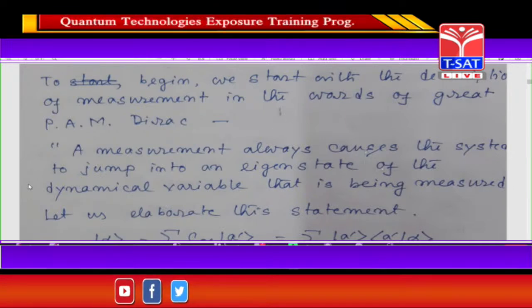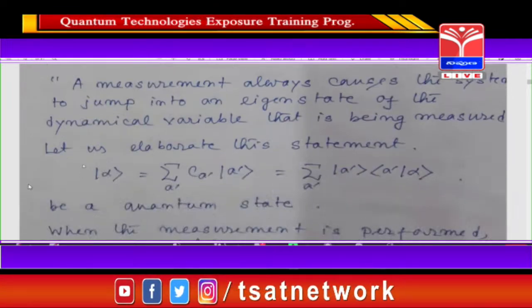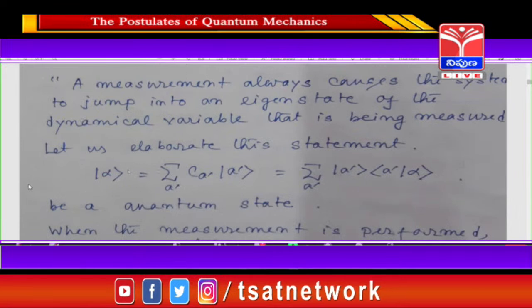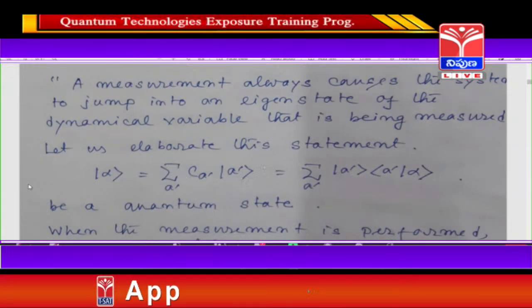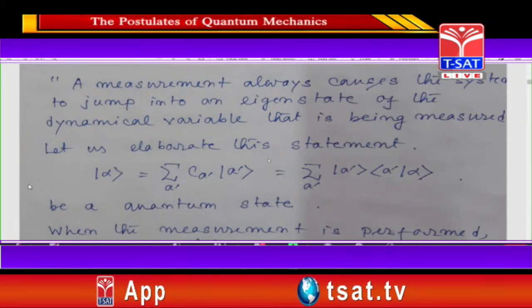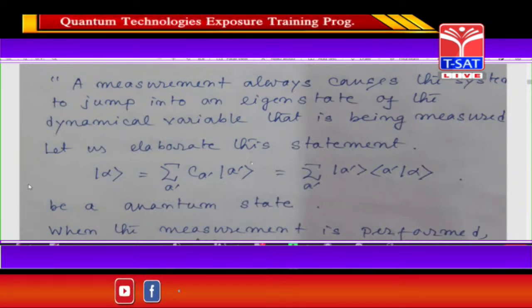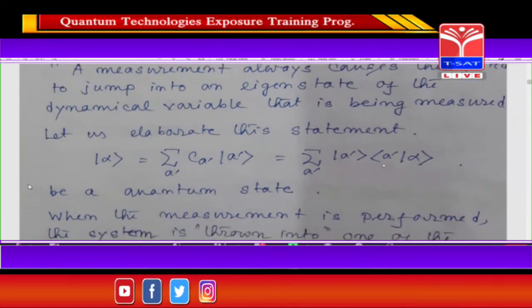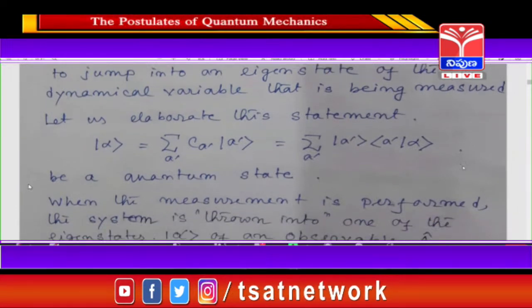What is that? Let us elaborate. Let's say you have a ket vector alpha. We expand it in the basis of A primes, which are the eigenkets, or the basis. So alpha contains all that information, which can be written like this.